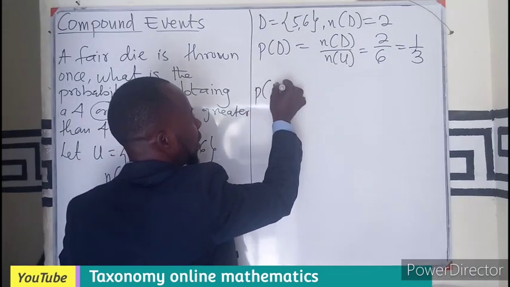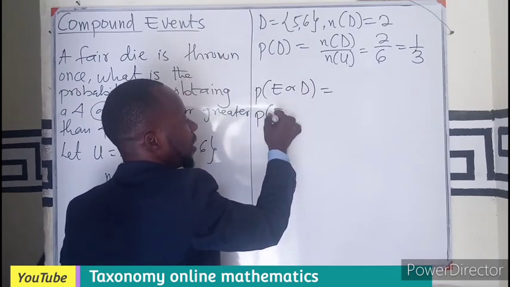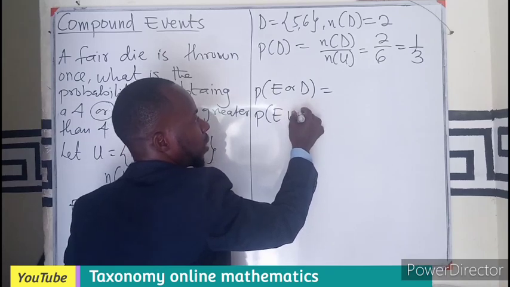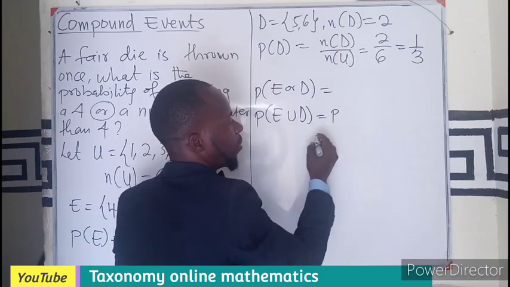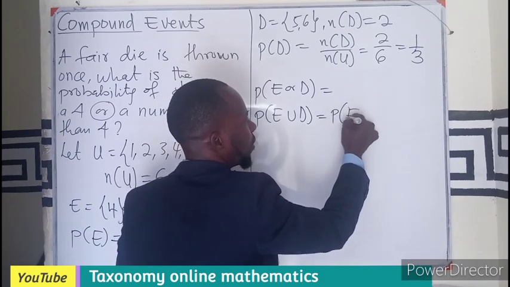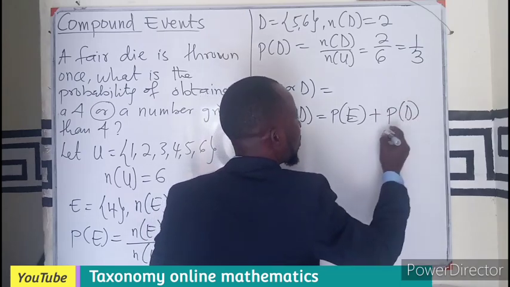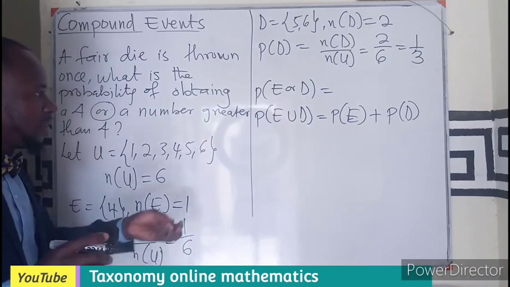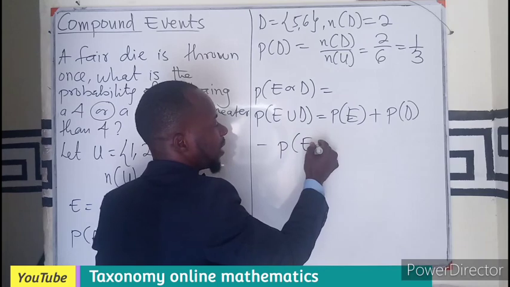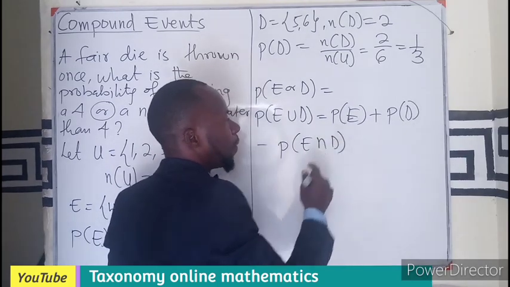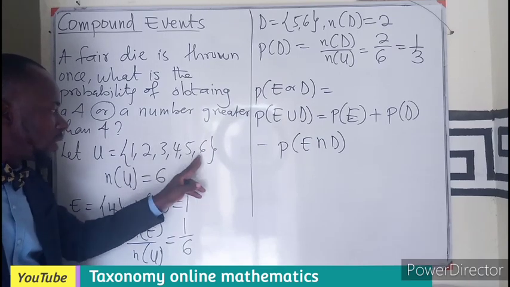the probability of E or D, which also means the probability of E union D is going to be the probability of E plus the probability of D. In that case, we can also introduce the probability of E intersection D. But if we check here, the set is from 1 to 6.